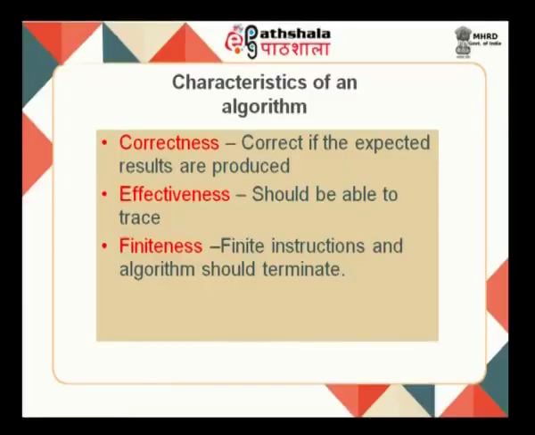Then effectiveness. By this we mean that the programmer or any user should be able to trace the steps of the algorithm using paper and pencil. Traceability is one important aspect of algorithms. And finally, the finiteness.